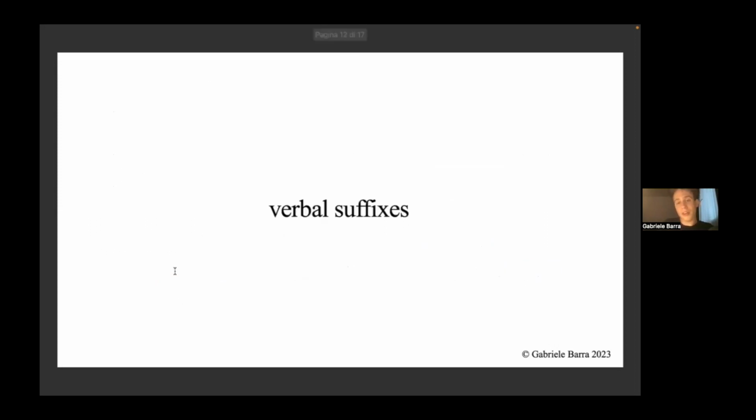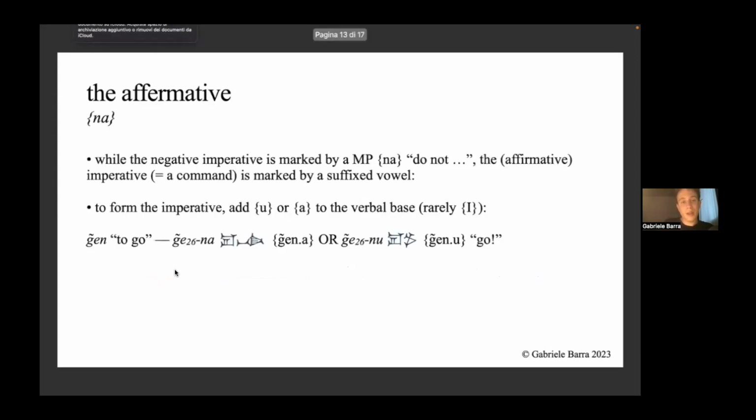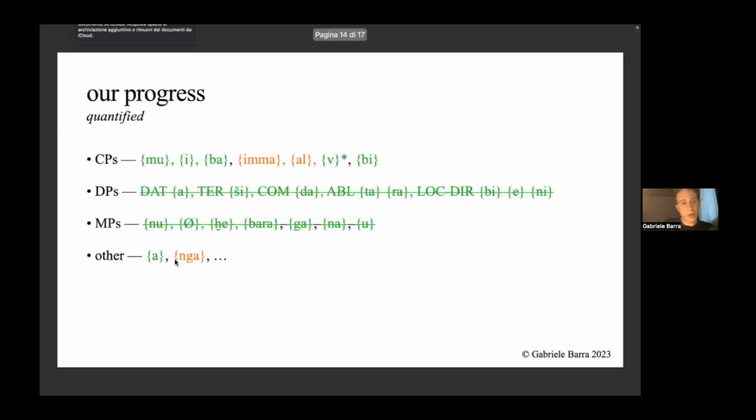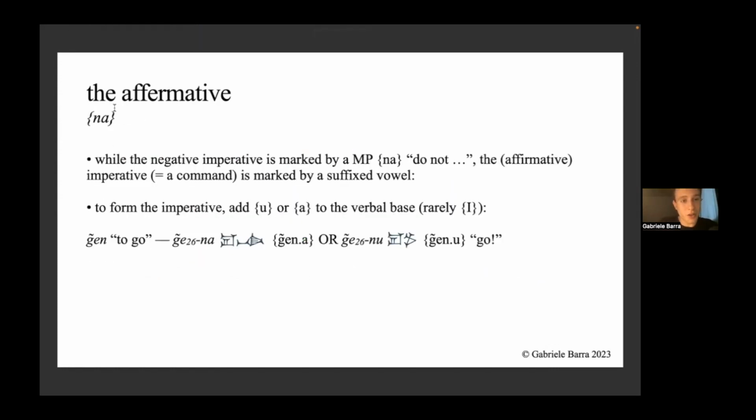Now, going on. And I think this is the last thing we're going to touch today. Okay, I forgot to change the title. The imperative, that is. So the imperative is actually very easy. Again, this is the negative imperative, which is marked by na.